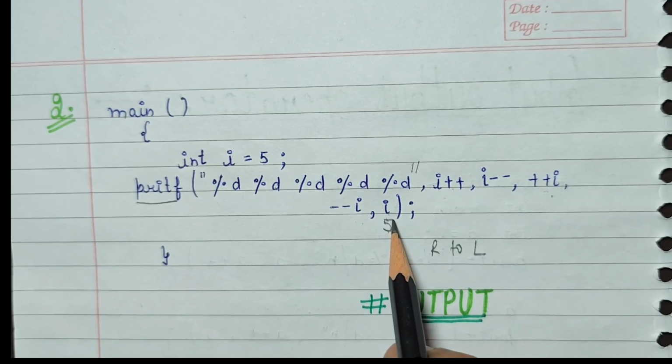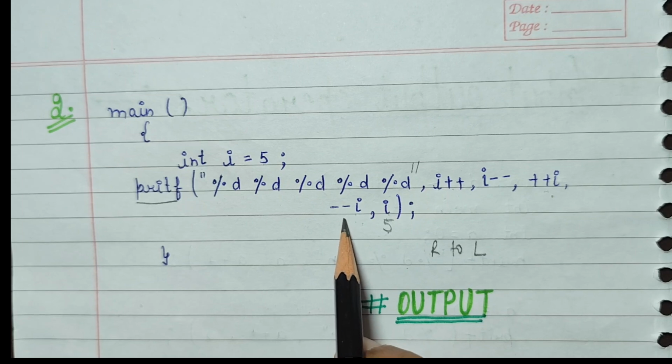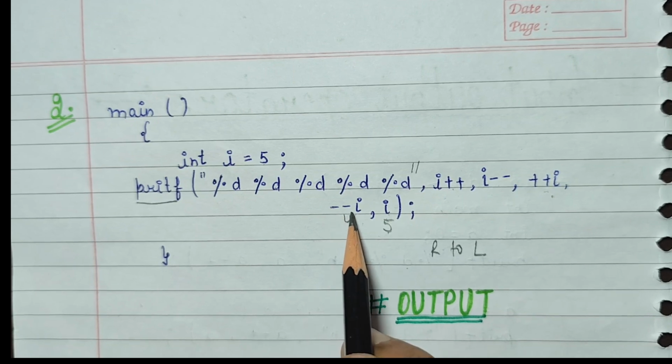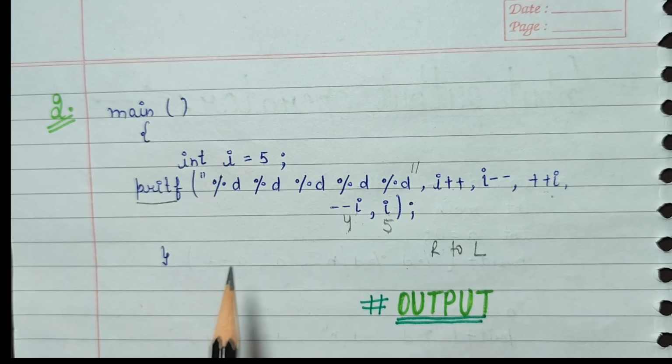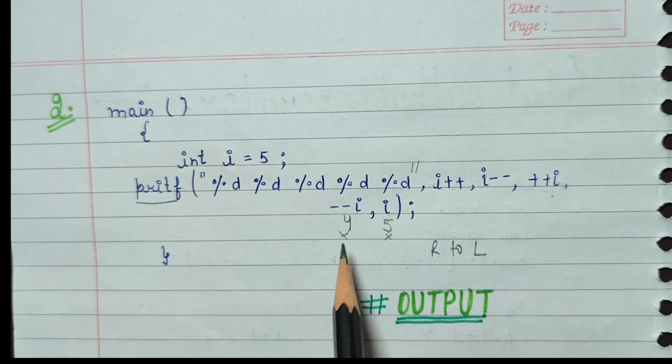After this is a pre-decrement, so here 5 becomes 4 because the decrement operator is evaluated first, but since this is a pre-decrement, this 4 is not the final value.